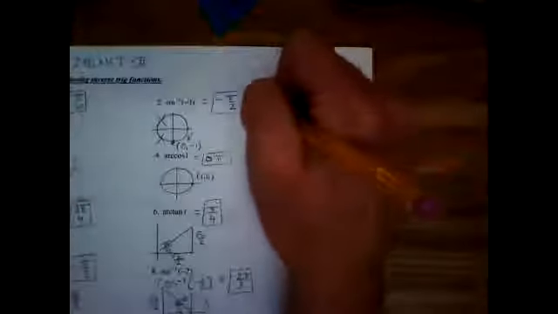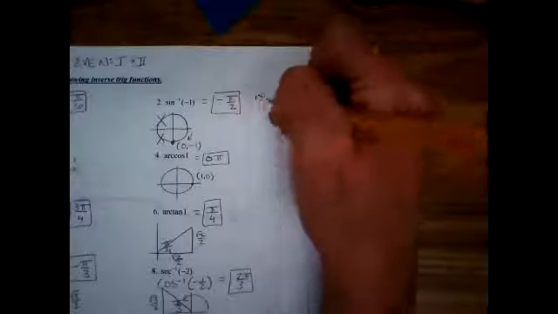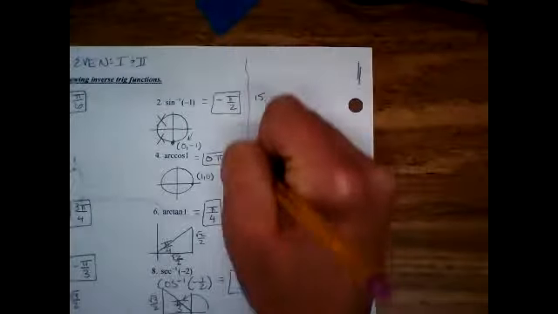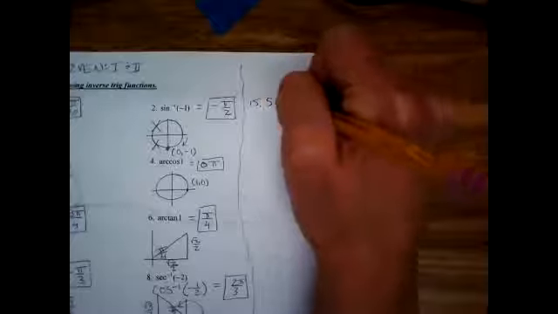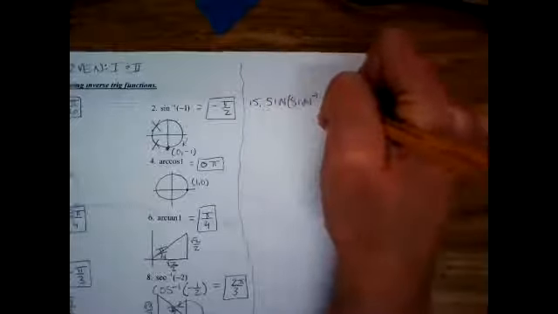Let me just show you because there are some times that it works and sometimes it doesn't. I'm going to call this number 15 because we went through 14 on this paper. I'm just going to put a couple more on here so you can see how this works. So say you had sine of sine inverse of 5/9.